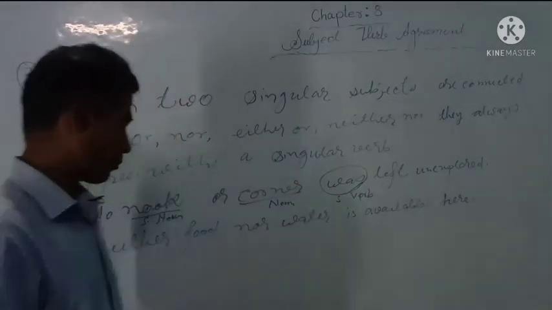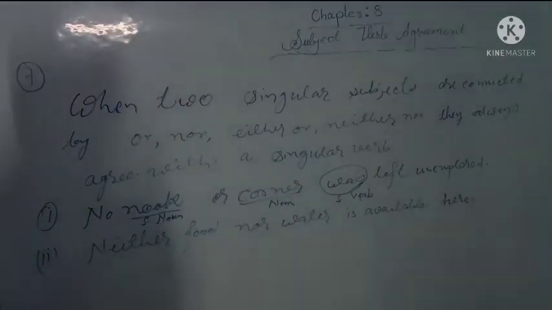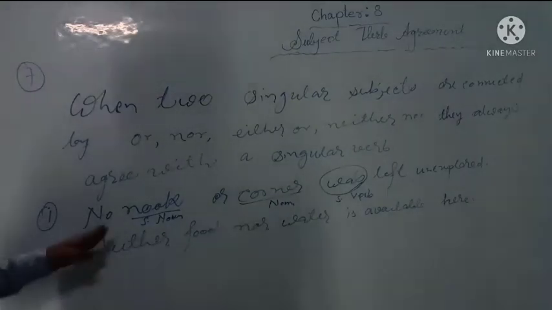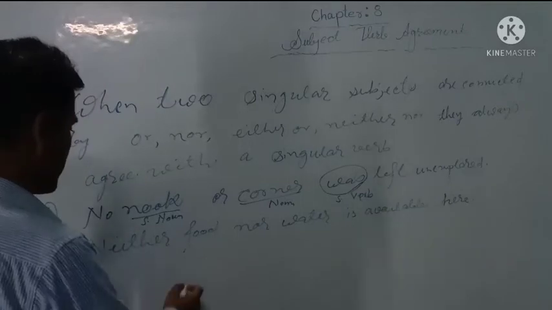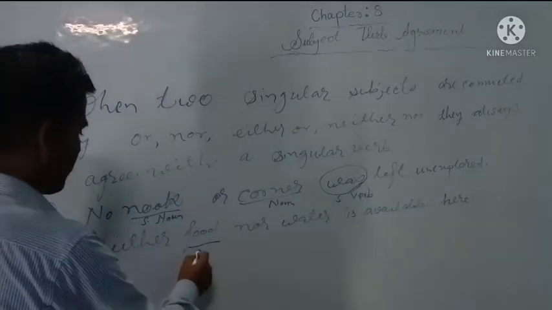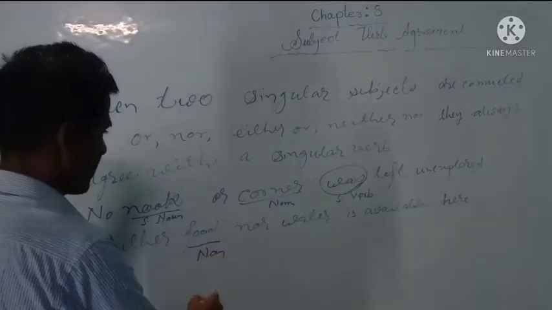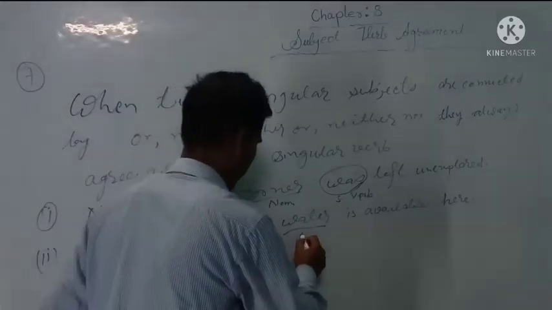Now if we look into the second sentence, neither food nor water is available here, in this very sentence we have got two nouns: the first noun food, and the second noun water.